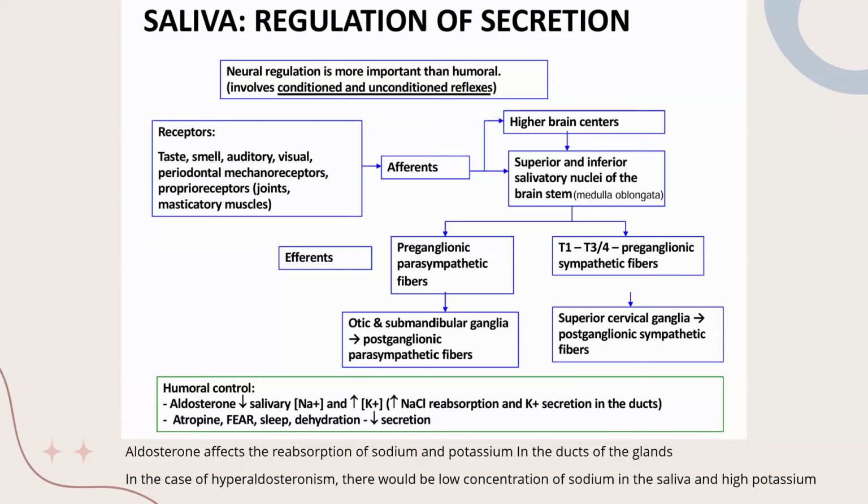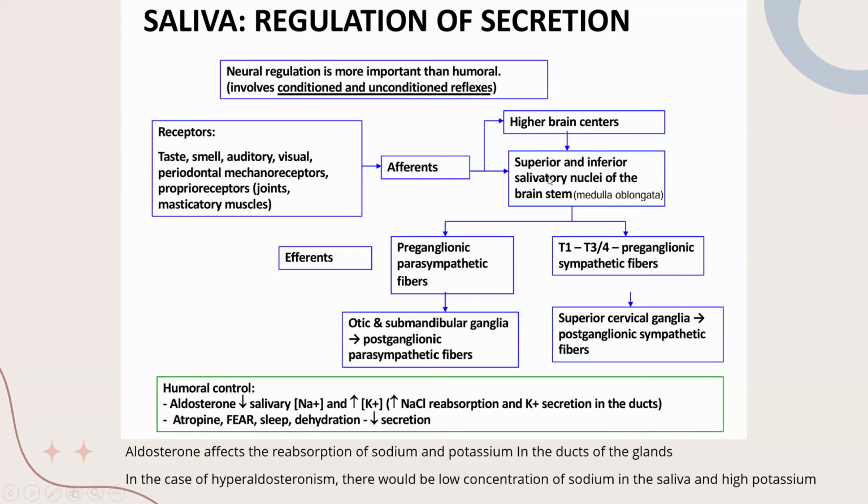Proprioceptors are in the joints and in the mastication muscles, basically the buccal muscles, which detect the active chewing of the food. So these are all receptors that send signals by the afferent neurons to the higher brain centers.